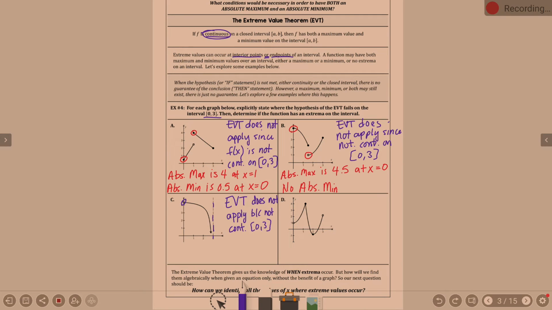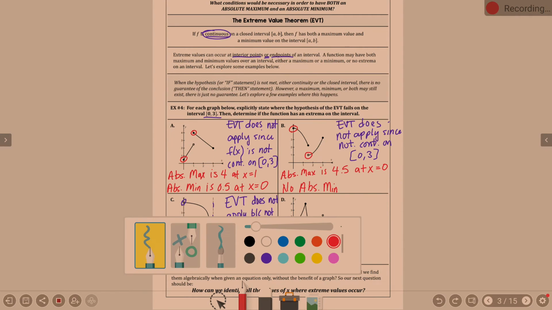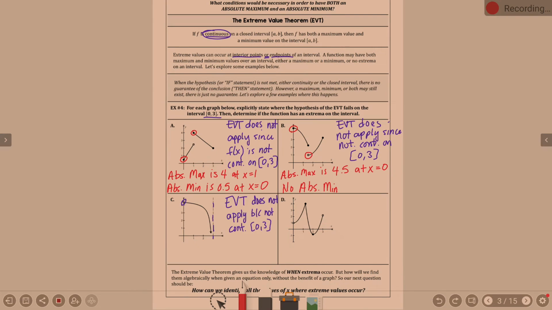If we bounce back to B for a moment, if the extreme value theorem applied there, there would have to be an absolute minimum. But because EVT did not apply, there didn't have to be a minimum, and there wasn't. If it was continuous, EVT would guarantee that there would be.